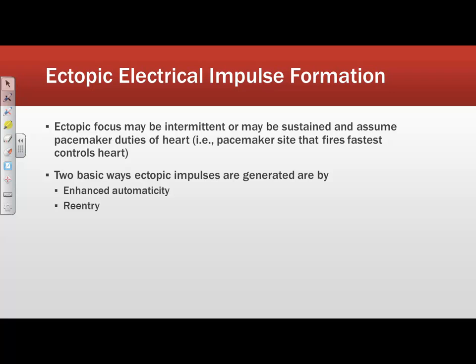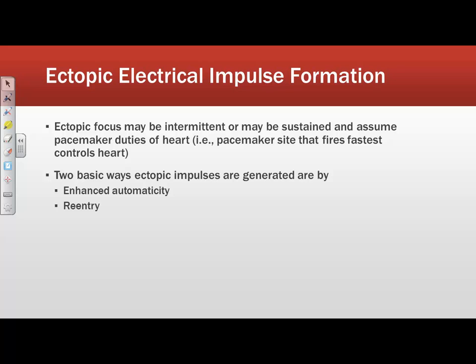So, you may see ectopic foci as a result of a junctional rhythm, or a rhythm that is taken over by the AV node, the AV junction. Okay? Or you may see ectopic foci as a result of the ventricles taking over as the pacemaker. You don't want to see either of them.